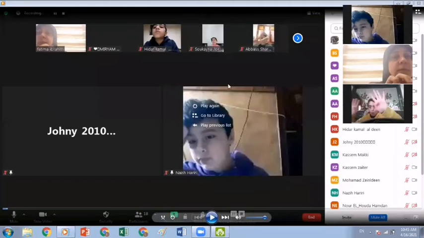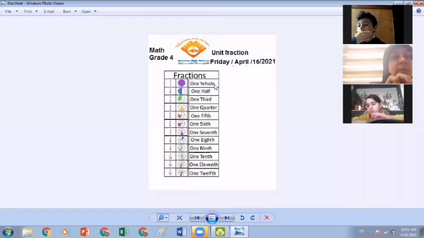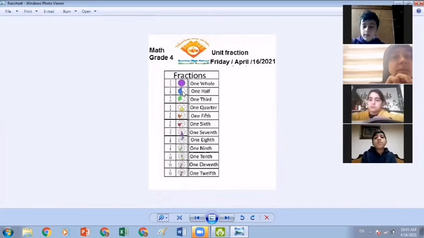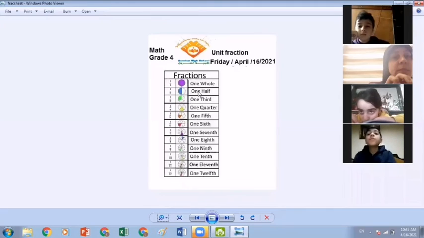It is equal to 1 whole. 1 over 2, as you see, shows the half of the whole. It means 1 over 2 is 1 half.